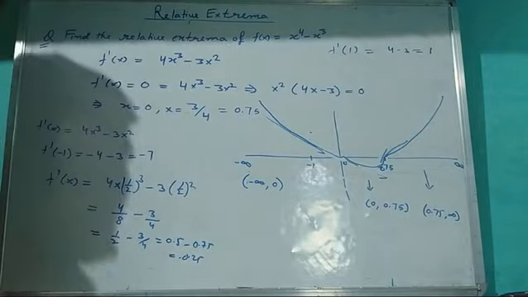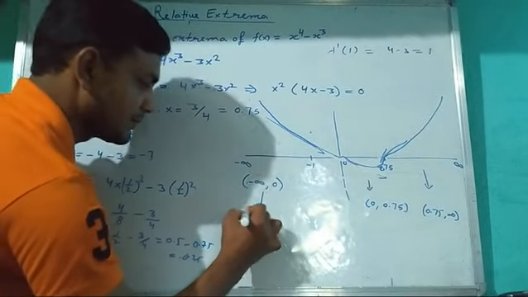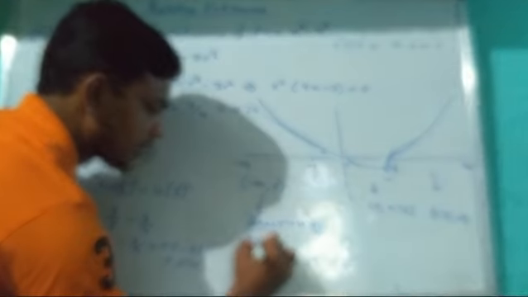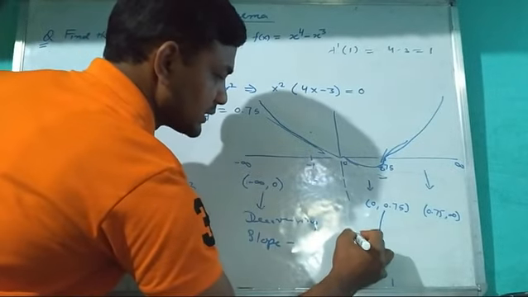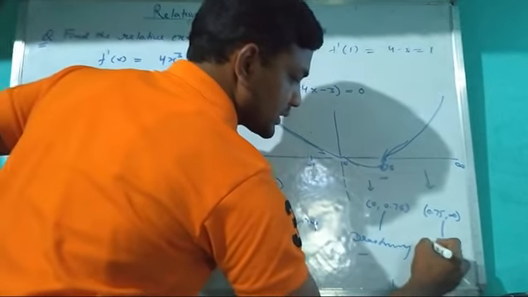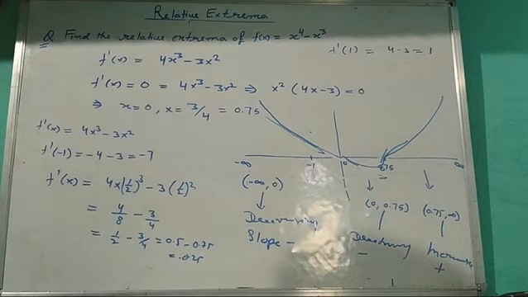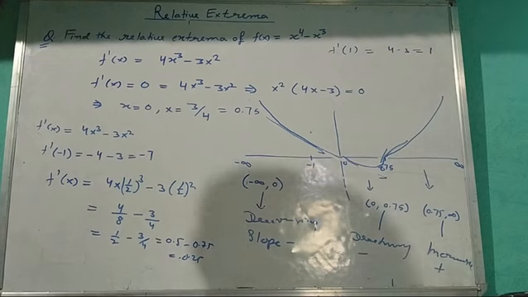Between minus infinity and 0, the slope is negative and the function is decreasing.